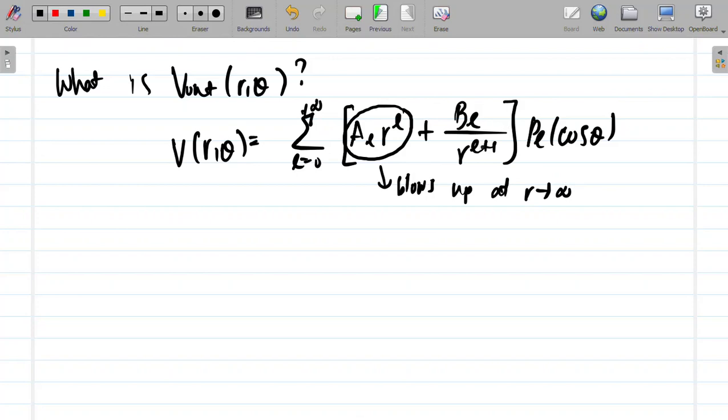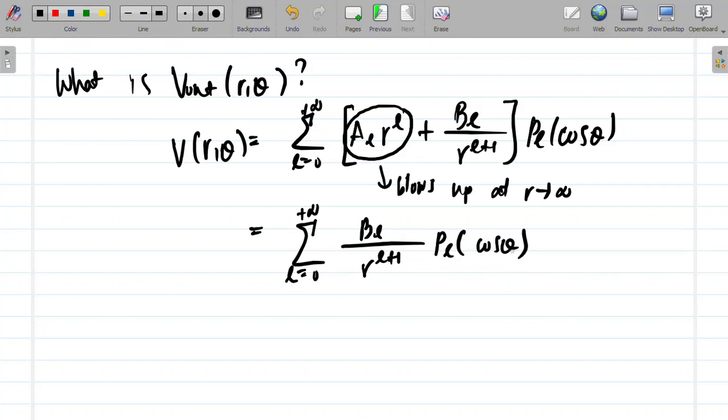Ito hindi, kasi r approaching infinity, edi mag-zero lang to. Hindi siya magda-diverge. Ito lang. So ang valid na solution natin dito ay summation L equals 0 to positive infinity, B sub L over R to the L plus 1, PL of cosine theta. Siya yung general solution natin.